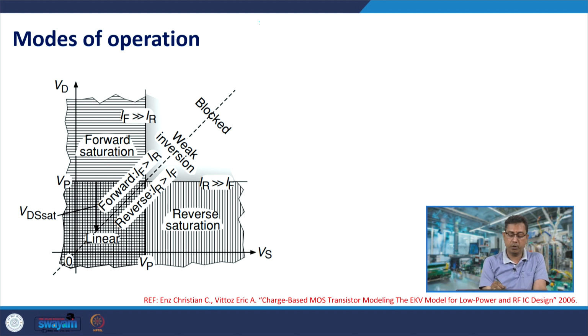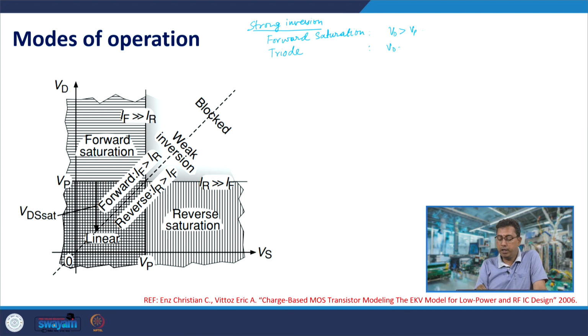Okay. Suppose the device is operating in strong inversion, then in forward saturation the drain voltage is larger than pinch off potential, and in triode region or linear region, the drain voltage is smaller than pinch off potential.